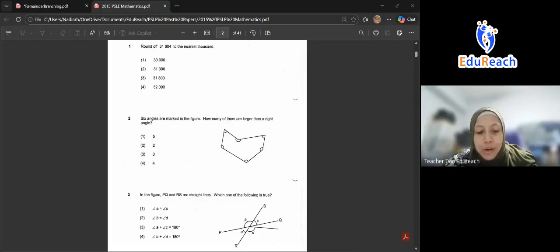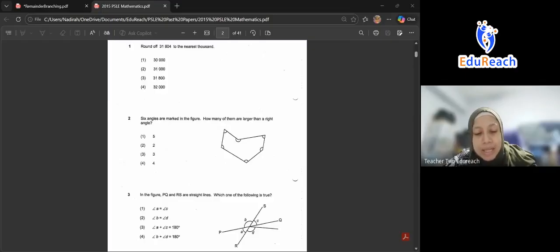Okay, if you don't know how to do a question, you do by elimination method. That means you eliminate the option that is not the possible answer. Confirm wrong one, you cancel out. Then you see which one is the most logical answer for that question. Okay, so we need to learn this skill.